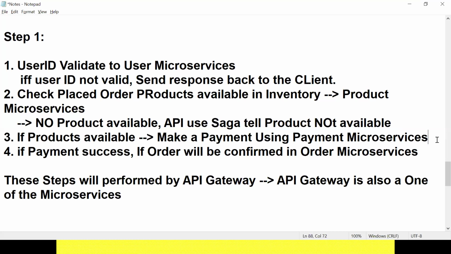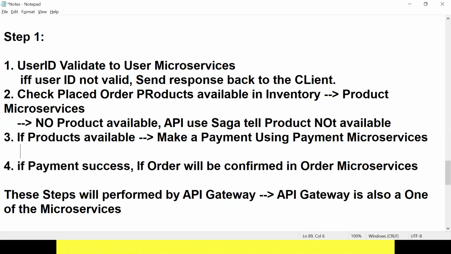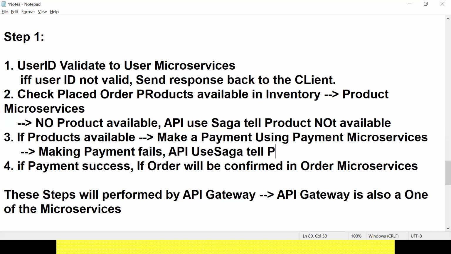Whereas you come here, product is available, but making a payment fails. What will happen? API gateway uses Saga, tells the product service to delete the product or roll back the product.